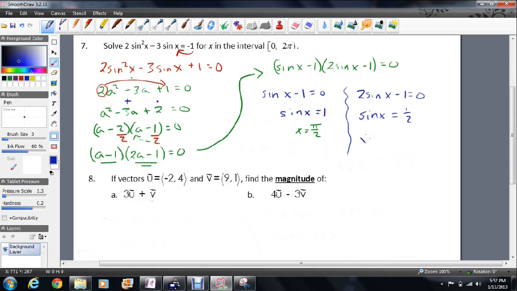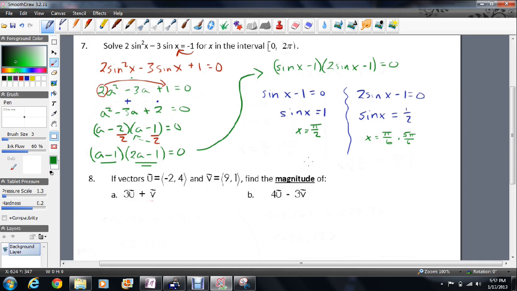Well, there's two spots where that happens. We get x equals pi over 6 and 5 pi over 6.